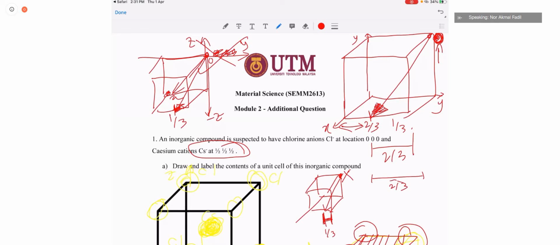Whether the direction in the y direction is equivalent to negative 2/3, you must write a proper label in the crystal structure. Don't just simply leave it empty. Of course, if you don't have this fraction number, it's okay, the answer may be correct. But if there is a fraction number like this, you need to label properly.